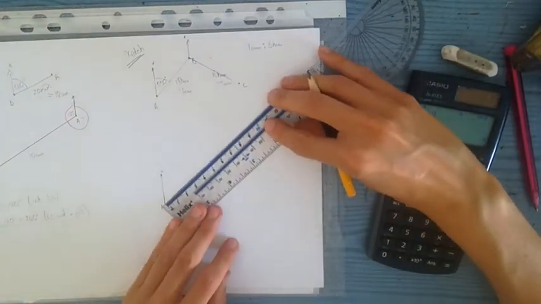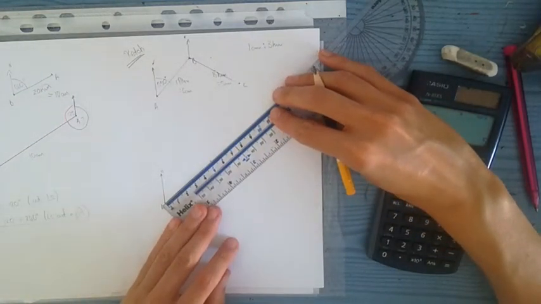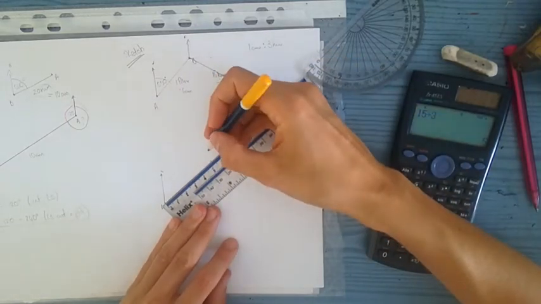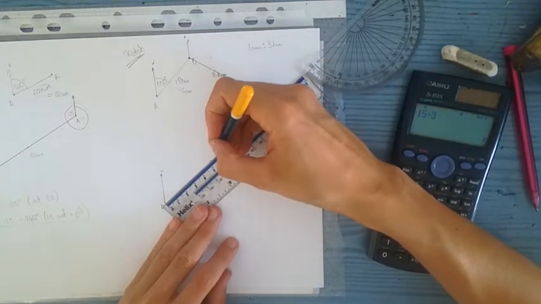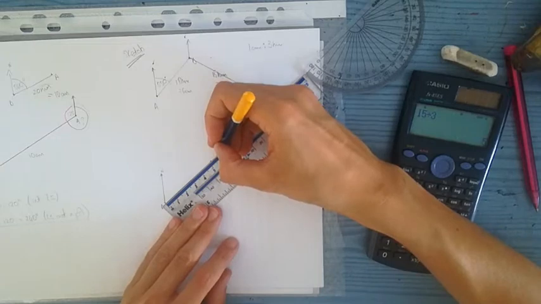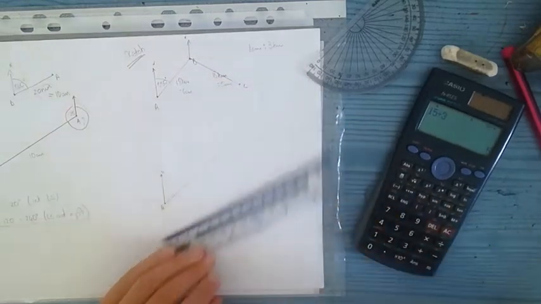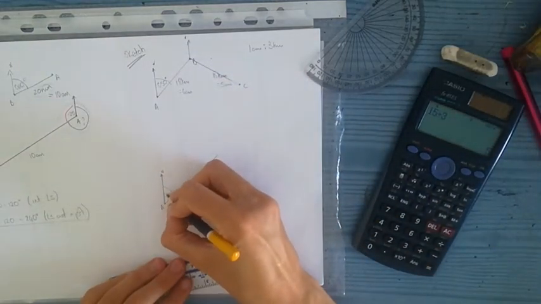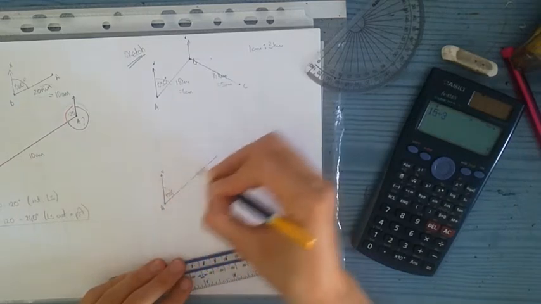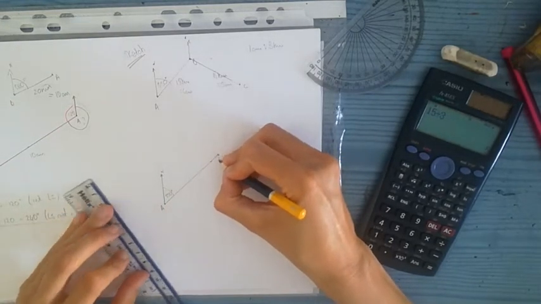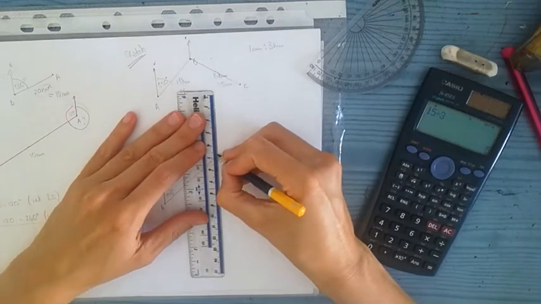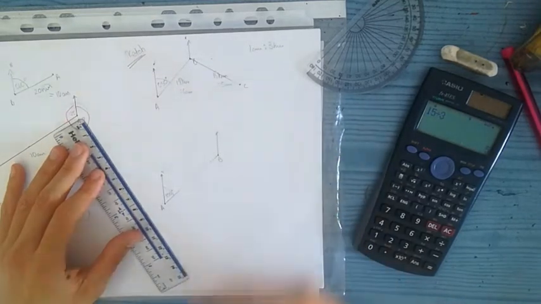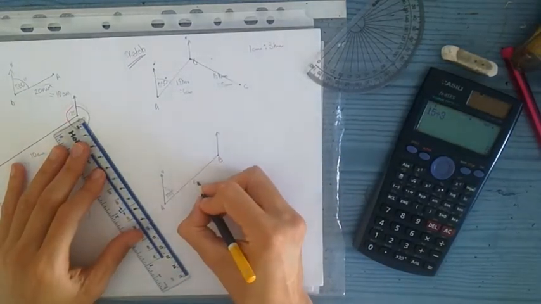I place my ruler in line with these 2 points, and I know I have to draw a 6 centimeter line because that is what is written on my sketch. Okay, and I can label this 050 degrees, and here is point B, here is my north, and here's 6 centimeters.